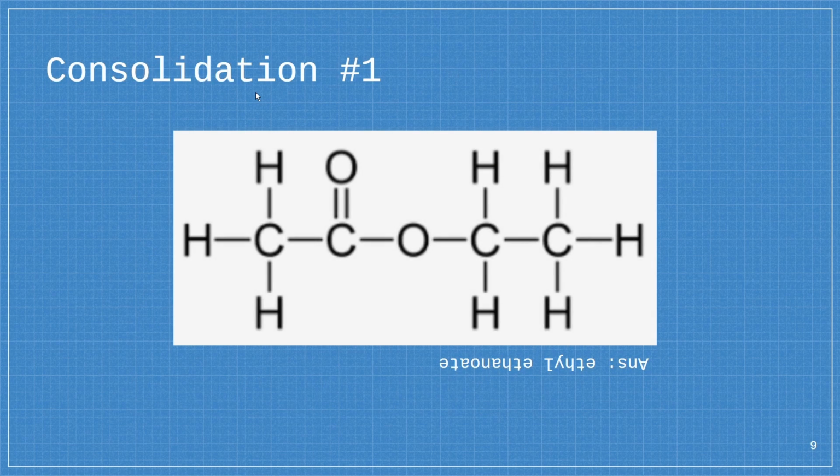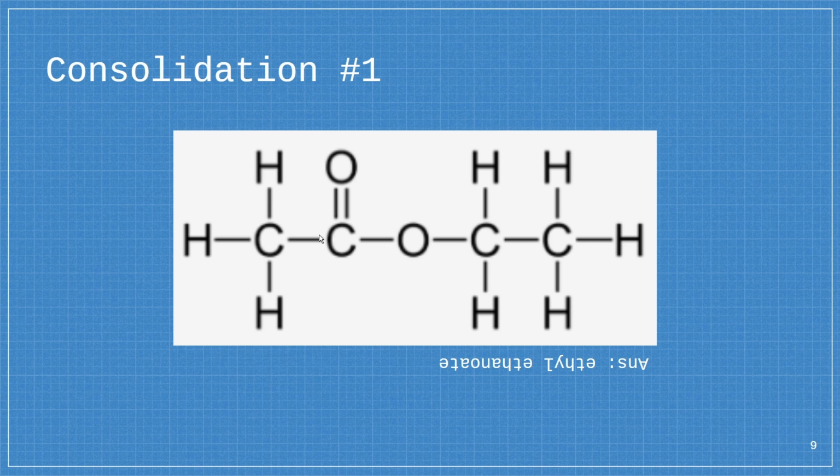So moving on to our consolidation, for our esters, we will be naming this. So if you remember what I said before, if you can locate the carbonyl group, you know where your carboxylic acid is. And so we can go monkeys eat 2. So this is ethanoic acid. And then we go to the other side, we find our alcohol 1, 2. Monkeys eat. This is ethanol.